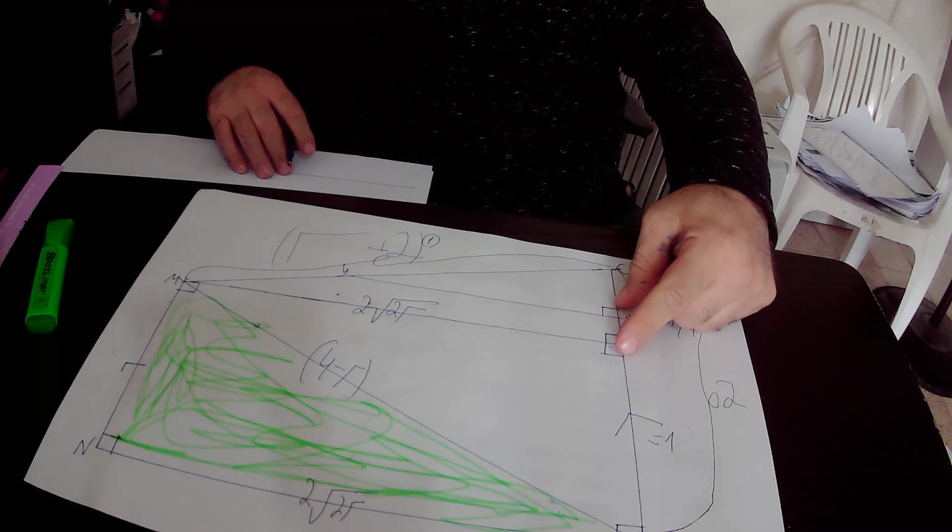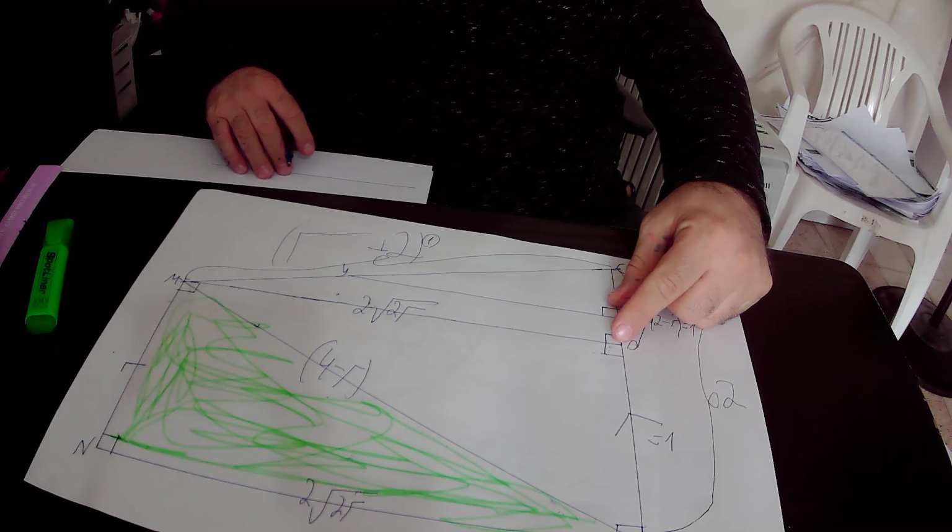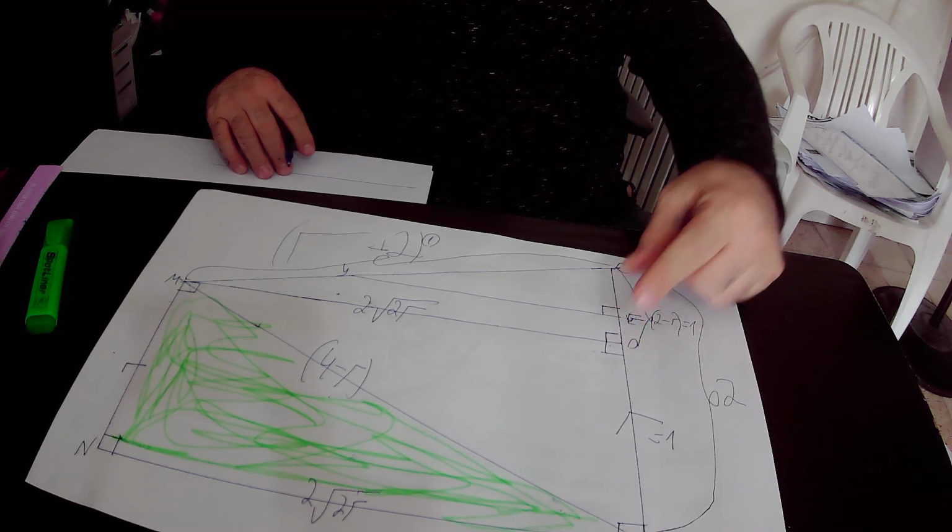First of all, we have those two angles, they are right angles, therefore they are equal to each other.